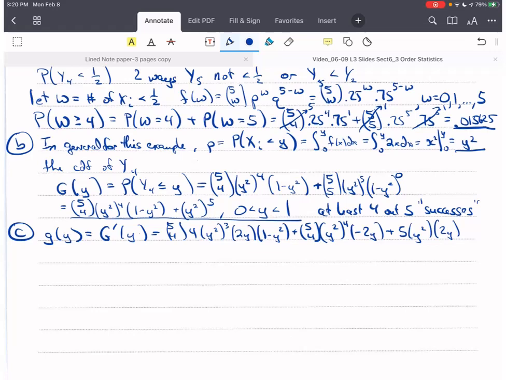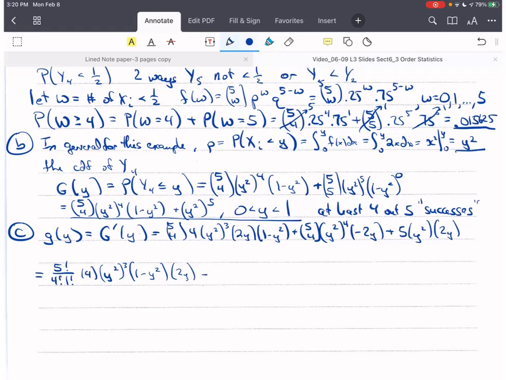We did this because we'd already seen the solution and figured out some things. So this is going to be 5 factorial over 4 factorial, 1 factorial, and then times 4, and then we've got y squared to the third, and then we've got 1 minus y squared, and then we have 2y in the end.